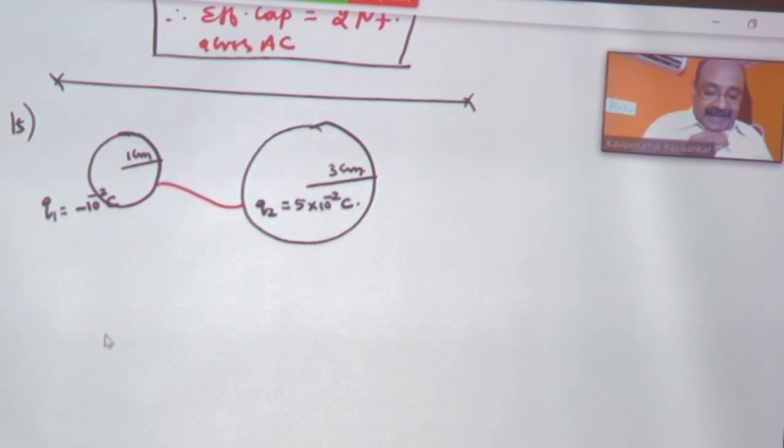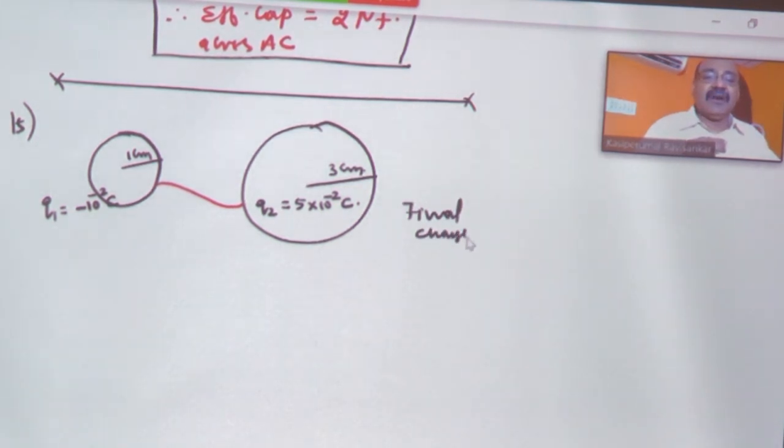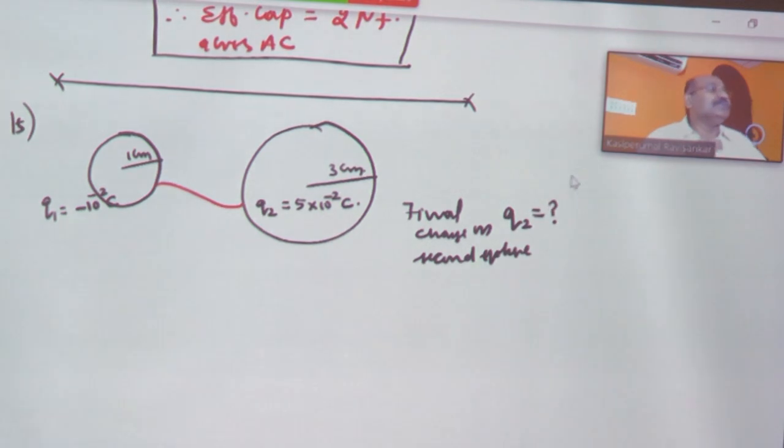Now after that, you are asked to calculate the final charge on the second sphere, that is the bigger sphere. So the final charge on the second sphere is Q2. Let us calculate the value of this Q2.